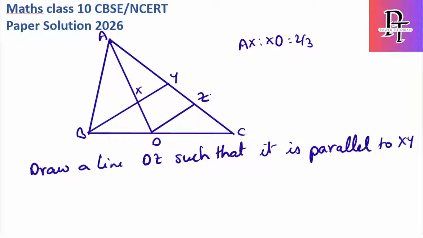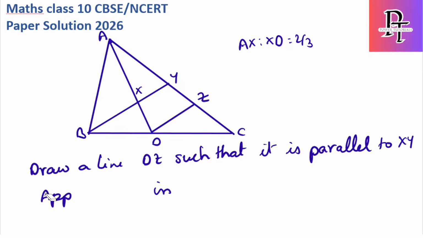So this point is Z. AX is to XD is given. And if you apply BPT in triangle ADZ, what will happen? You can not only apply BPT, you can also directly say let's use similar triangles.